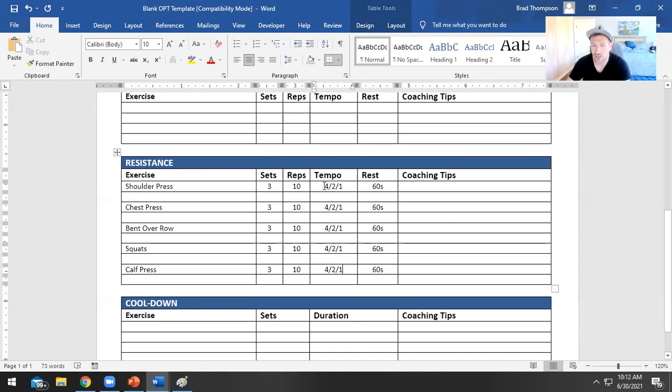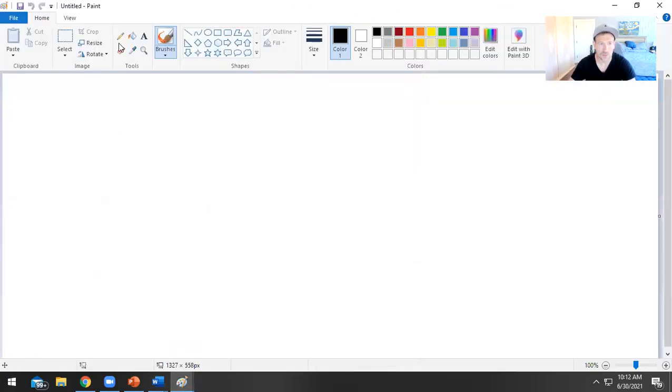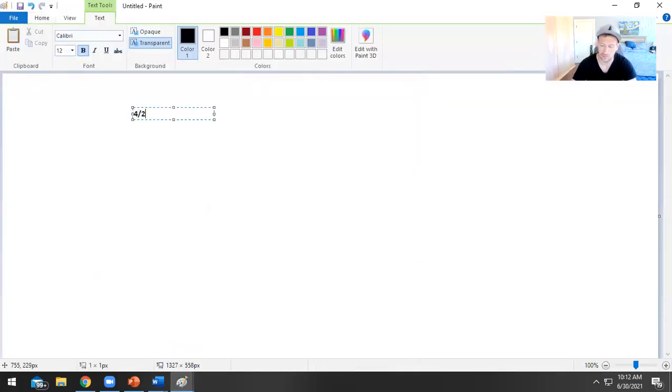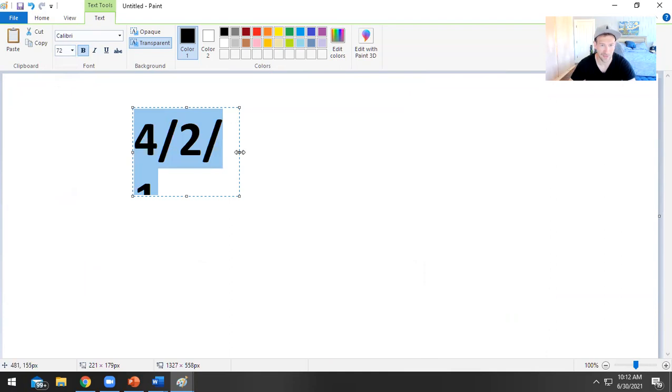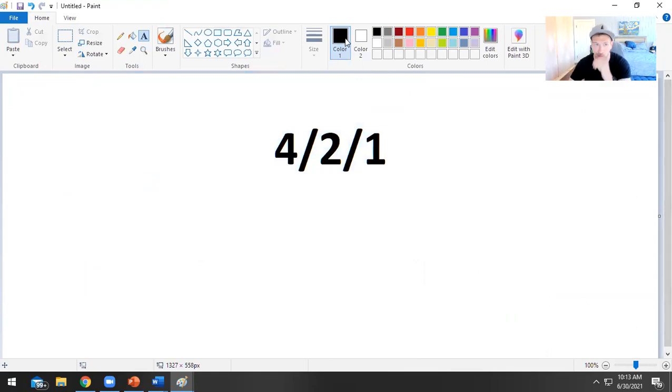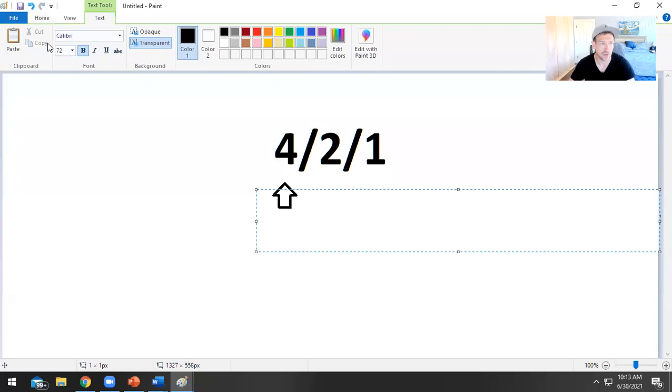Well, the first number, whenever you're writing tempo, when I'm writing out tempo, right, and I've got 4-2-1 right here, this first number always, always, always represents the eccentric contraction.